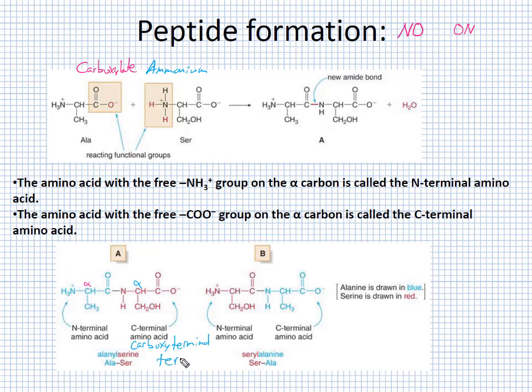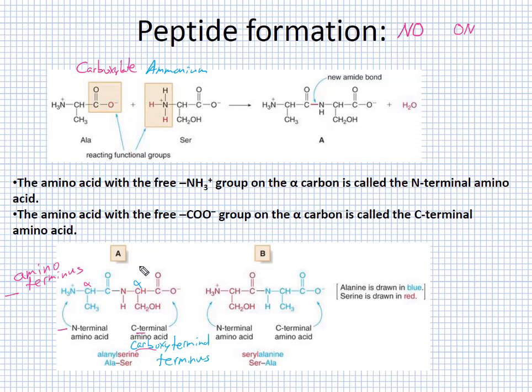Sometimes you'll see the word terminus. And the N here, the N terminal or amino terminus, because this is an amine here. So these words, amino terminus or N terminal, C terminal, C for carbon, or carboxy terminal, terminus, same thing.